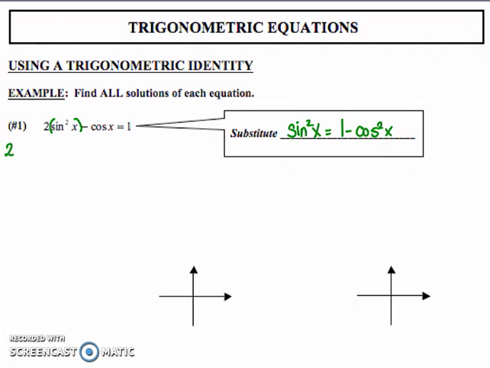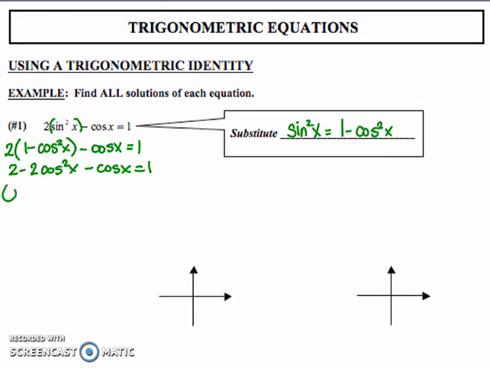So I've still got that 2 out in the front, and then I'm going to plug in my 1 minus cosine squared x minus cos x equals 1. And then of course I'm going to distribute the 2, so that will be 2 minus 2 cosine squared x minus cosine x equals 1. And then I am going to set this equal to 0, and I'm going to combine like terms.